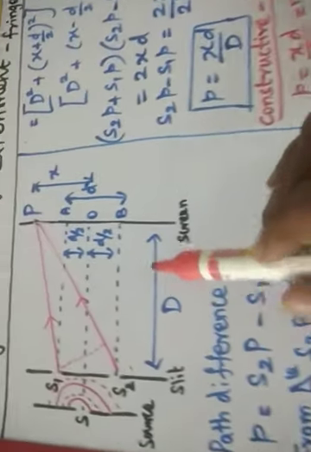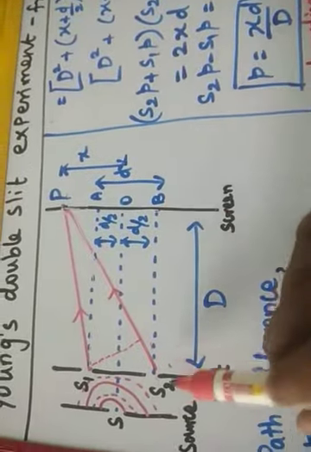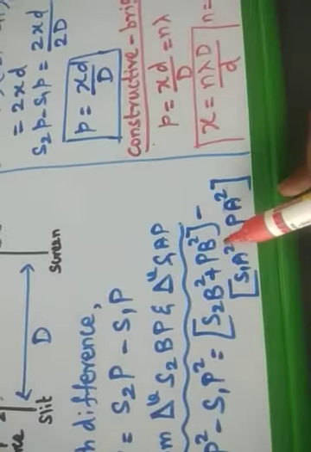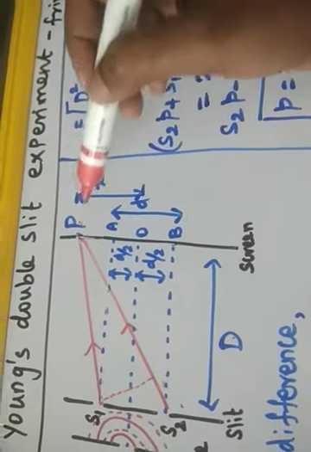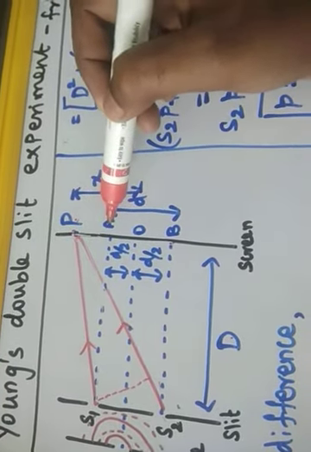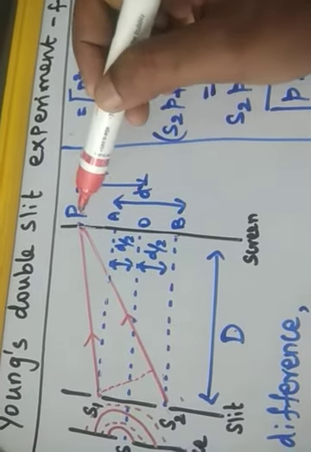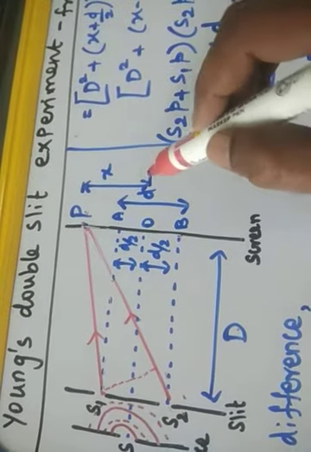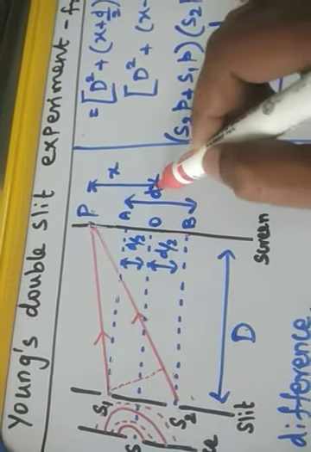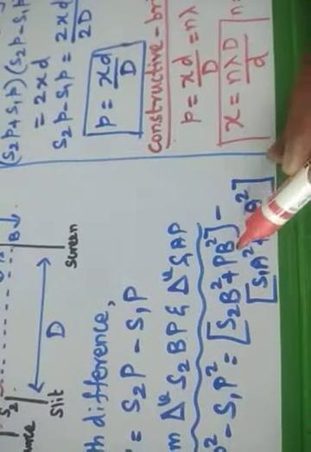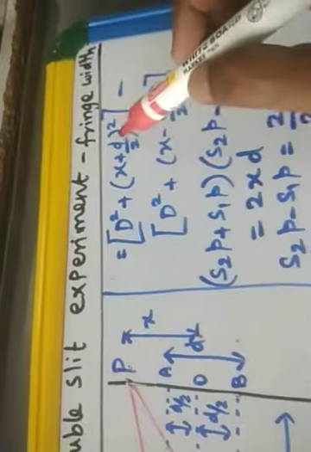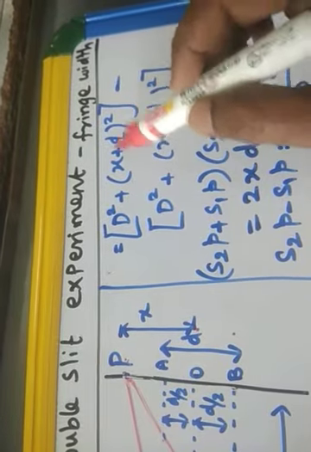What is S2B? It is D. Then what is PB? The distance from A to B is d, and I will take P to O as x, then O to B is d by 2. So instead of PB squared, we write x plus d by 2.